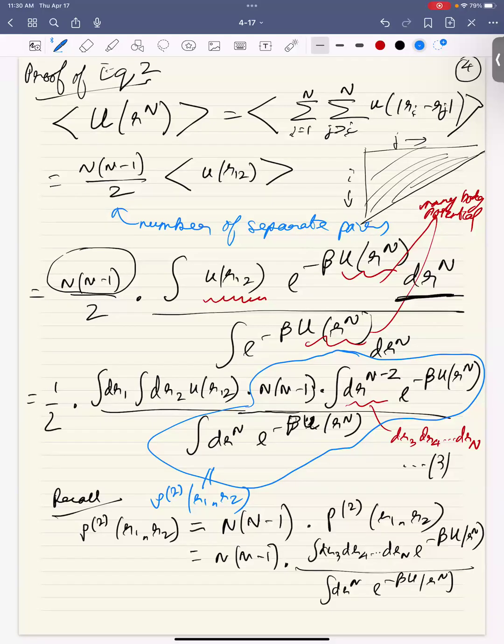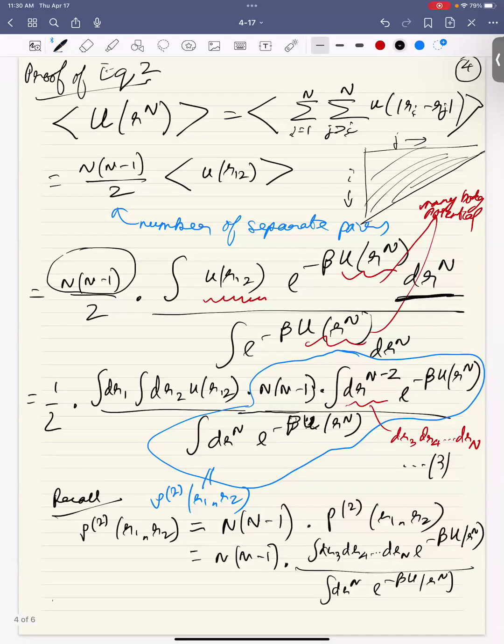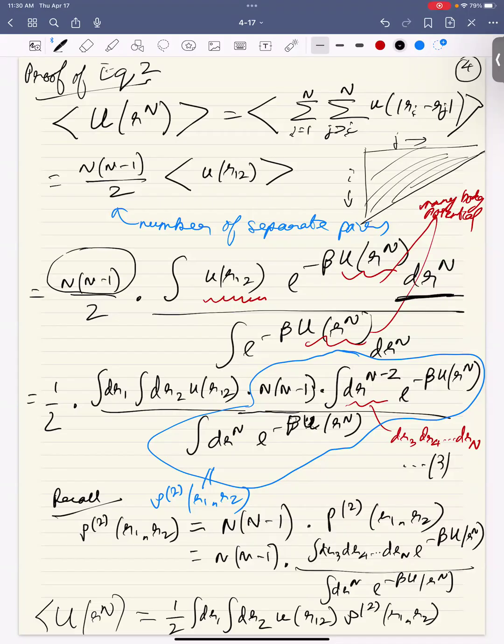So we can certainly simplify equation 3. Equation 3 thus becomes average of U of Rn is half integral dr1 integral dr2 small u of r12 multiplied by rho 2 of r1 comma r2.